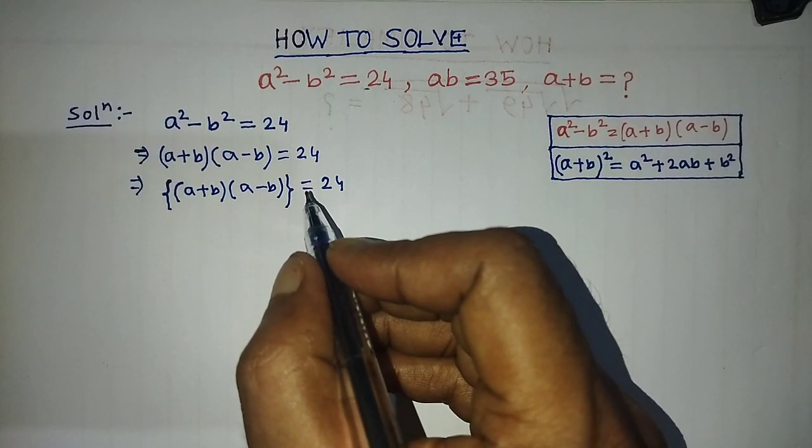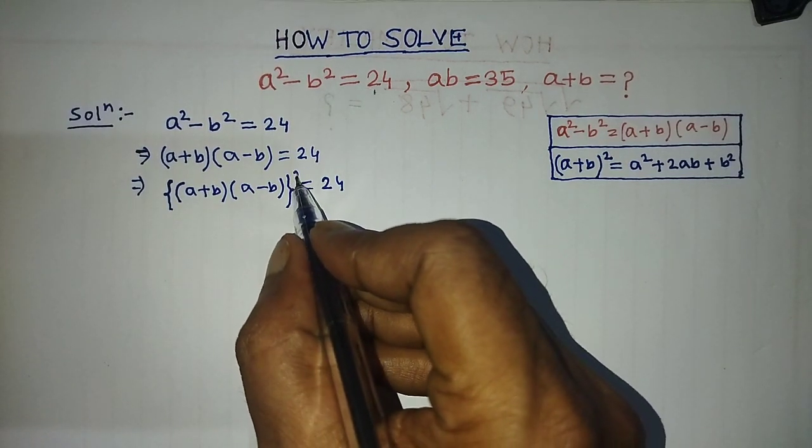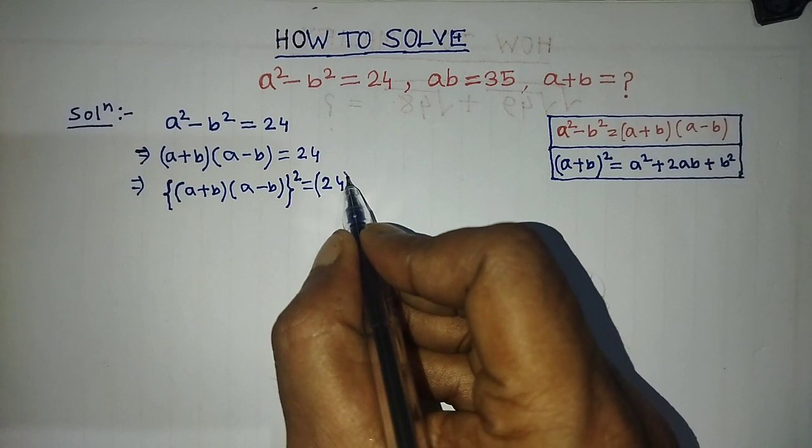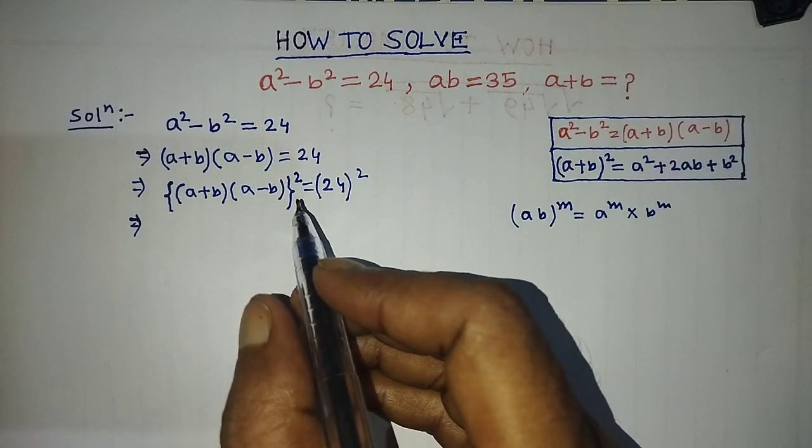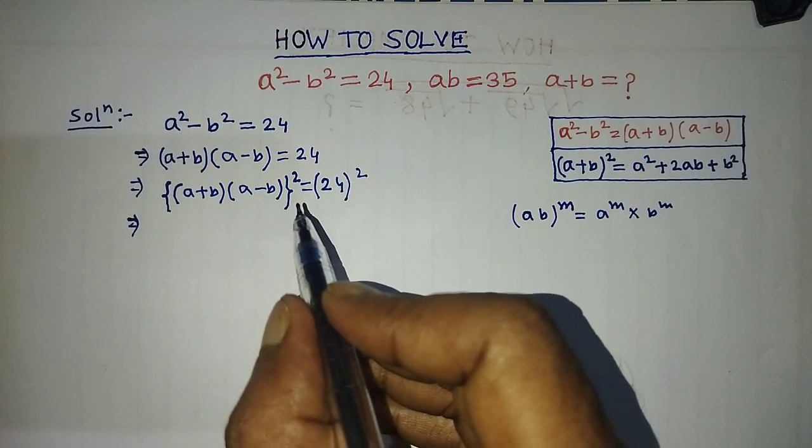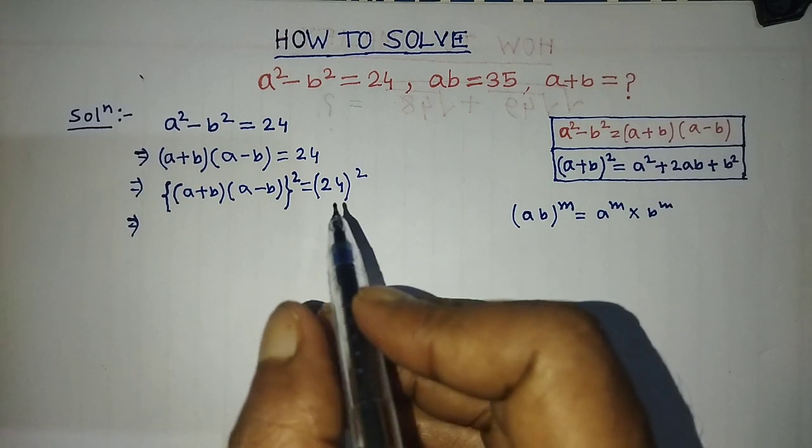After that on both sides we have to take square. So after taking square on both sides, we get this type of terms.